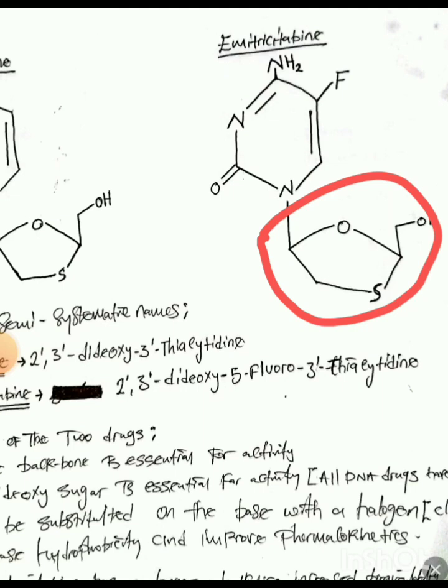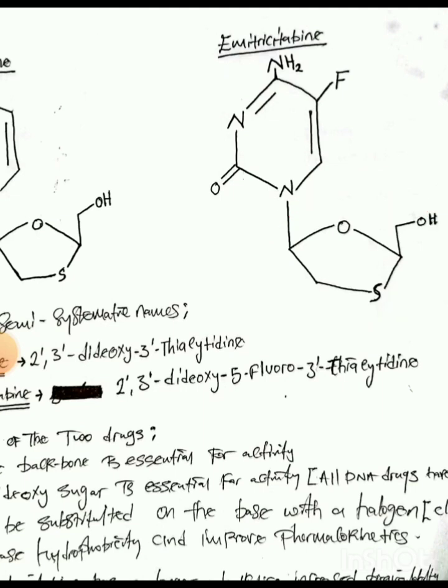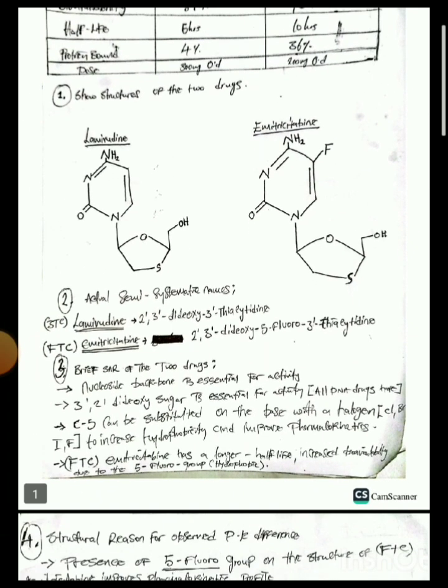Then the 5-fluoro, this part of the name here, is stemming from this fluorine at the 5th position here. So 5-fluorothiacytidine, of which the thia is the sulfur in the sugar, cytidine being the sugar and the nitrogenous base. Okay, those are our semi-systematic names.